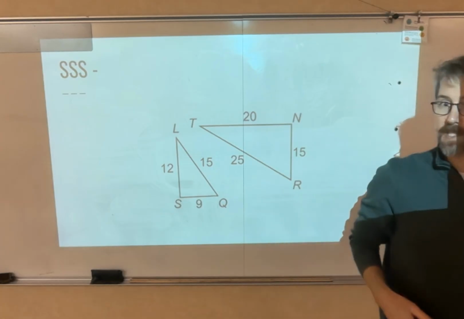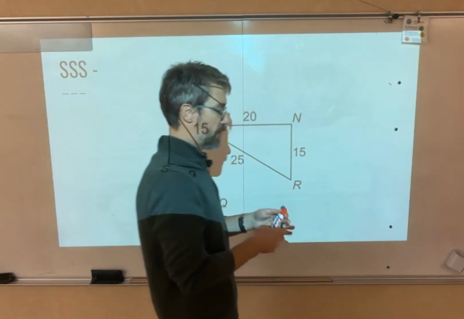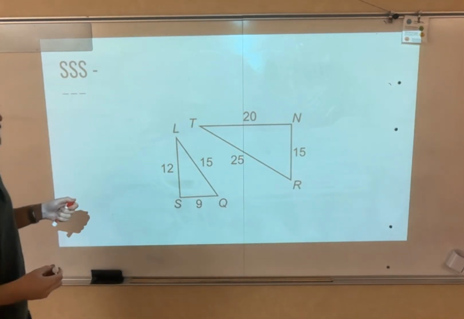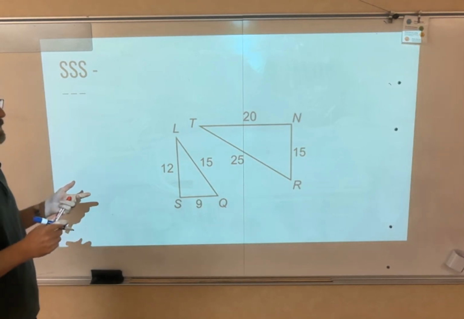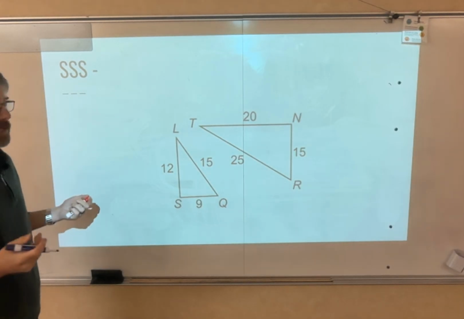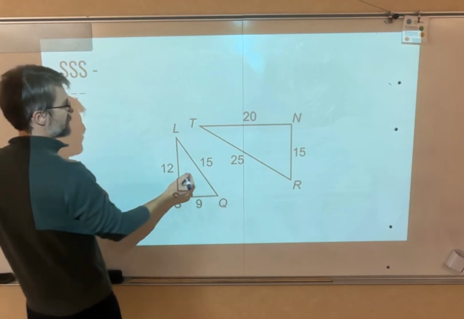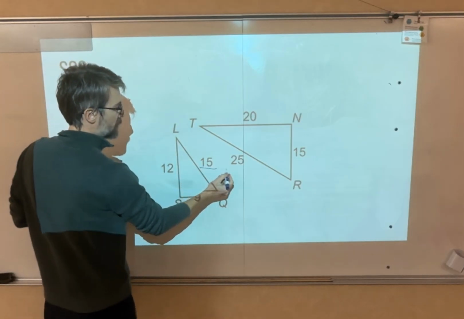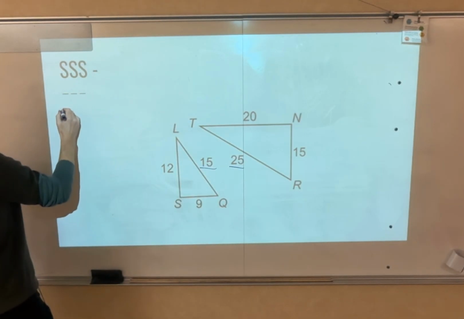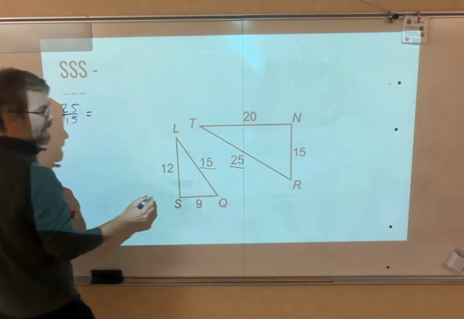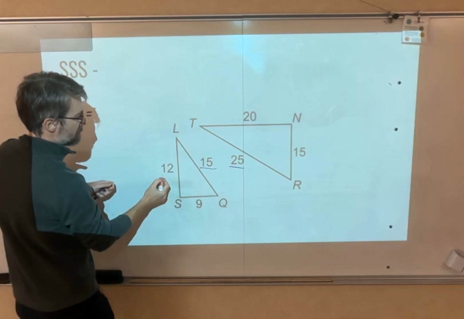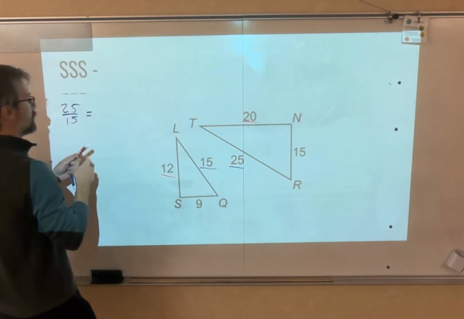One way to do it is side, side, side. If we know that we've got three proportionally similar sides, then we know that the two triangles are similar. So in this case, for side, side, side, if we did the long sides, 25 over 15, is that equal to the medium sides, 20 over 12?